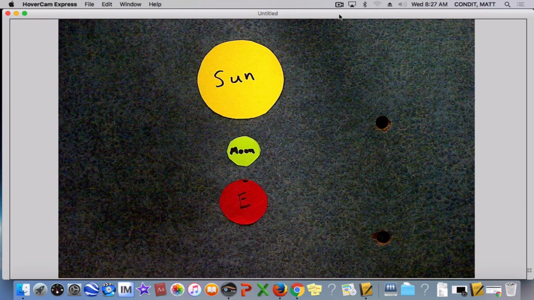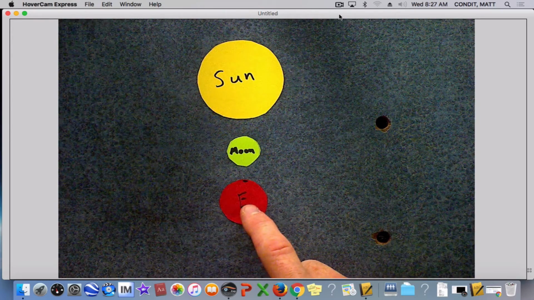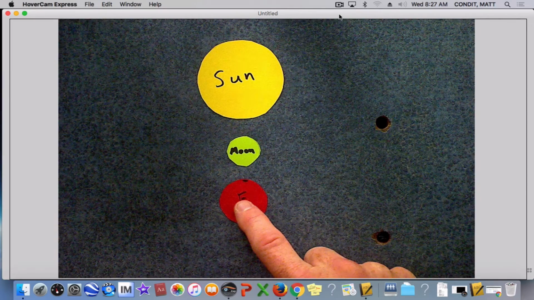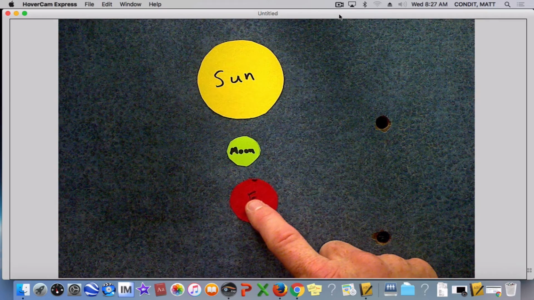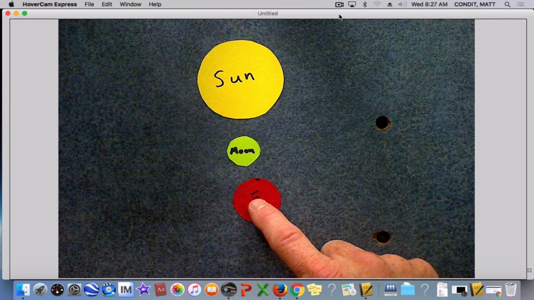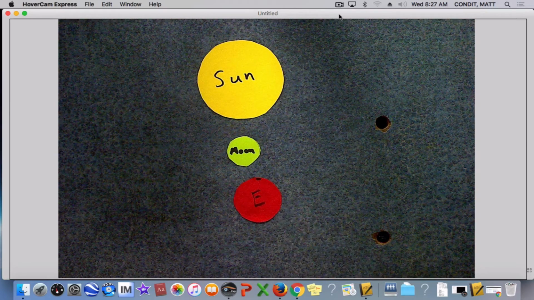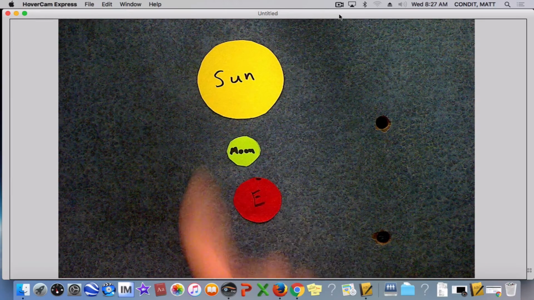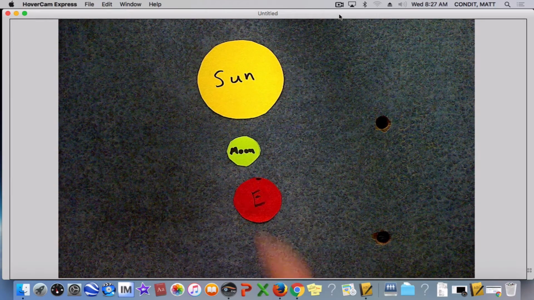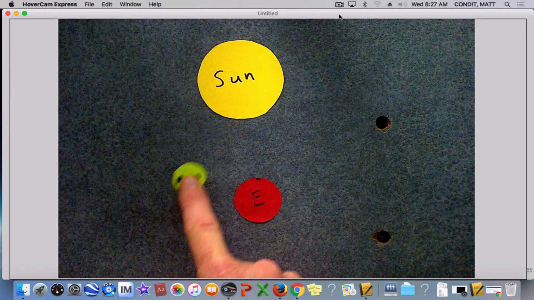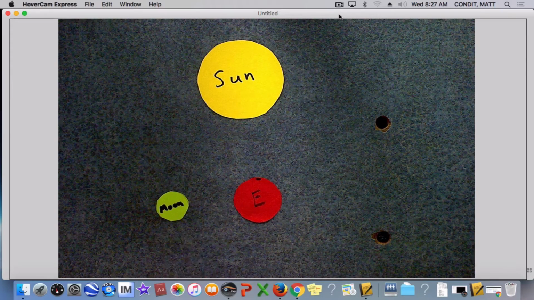Now, if we have a little bit bigger amount of time, let's say a week. In a week, the Earth takes 52 weeks to go around the Sun, so the Earth is going to move a little bit in a week, but again, not much. The Moon, though, remember it takes a month, and a week is about 1/4 of that. The Moon now is going to move to this position right here.